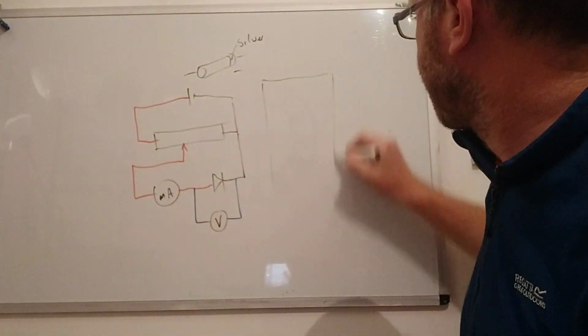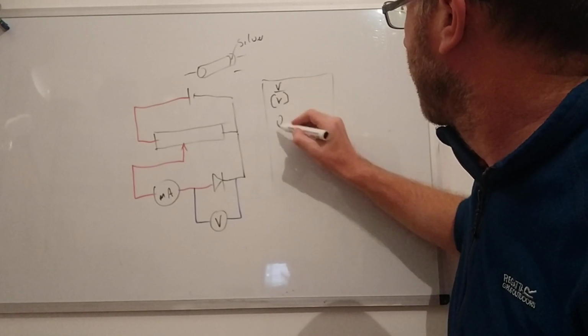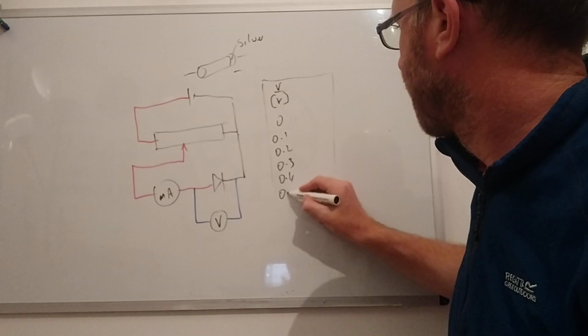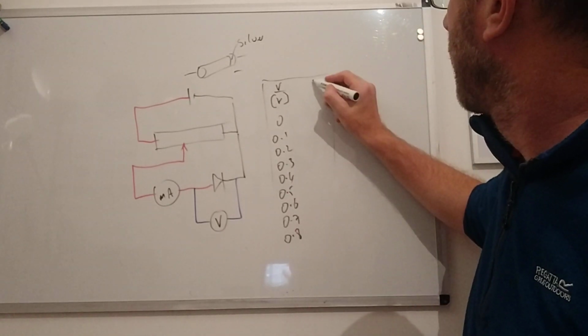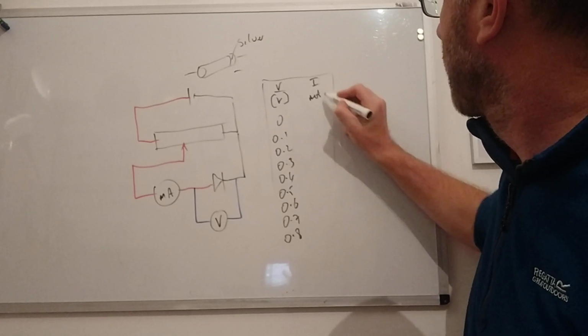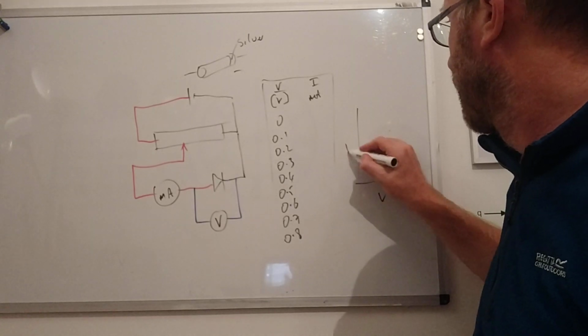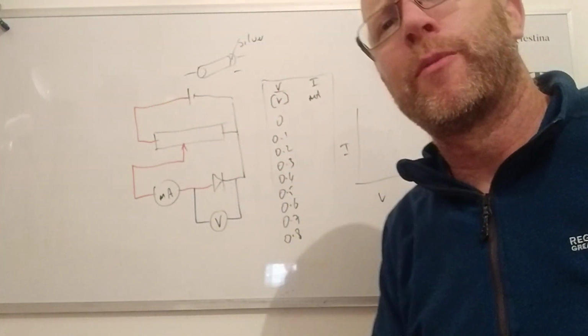Your table, again, voltage measured in volts, and this time you're going up in tenths of a volt, and the most we'll get to is 0.8 if we're lucky, and the current again will be in milliamps, and we'll get our values. You're going to draw a graph of voltage against current, and this time we leave it to you as a surprise to see whether it obeys Ohm's law.